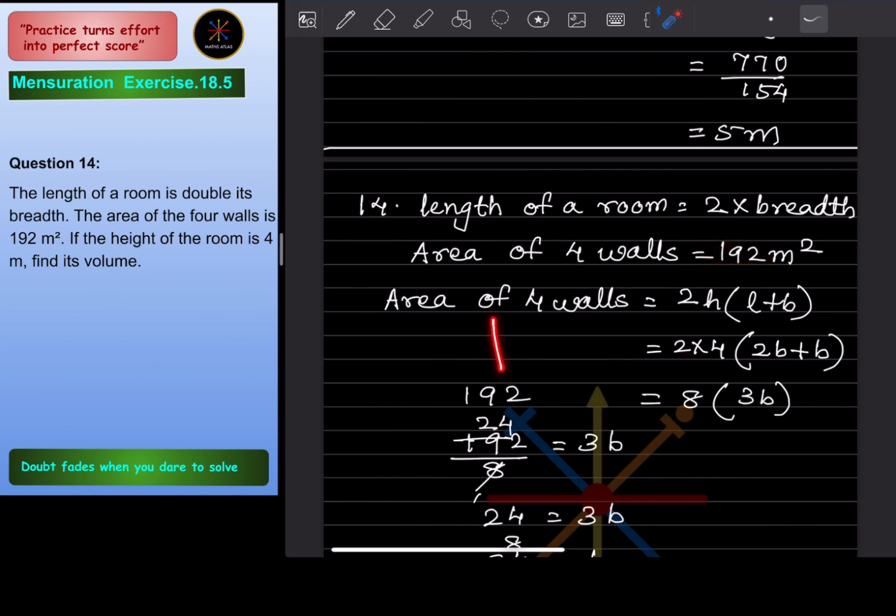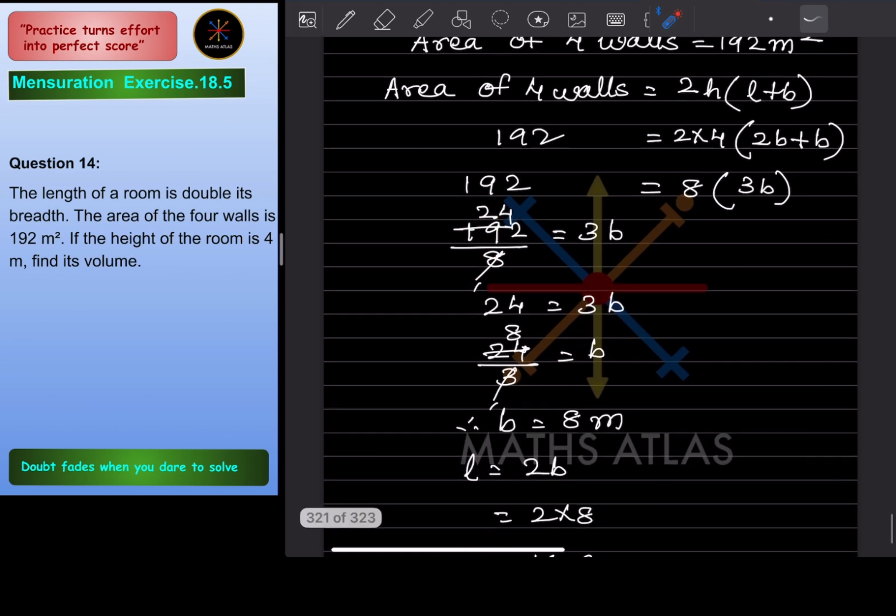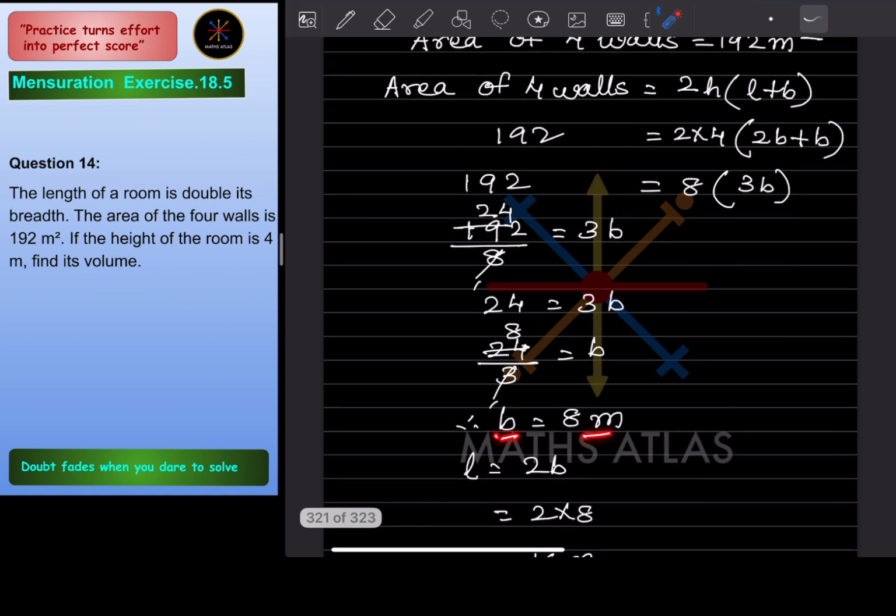So now this will be 8 into 2b plus b, that will be 3b. So 192, this will go on the other side and get divided, is equal to 3b. Now this is 24. 24 is equal to 3b, so 24 divided by 3 is going to be 8. So we can say b is 8 meter.